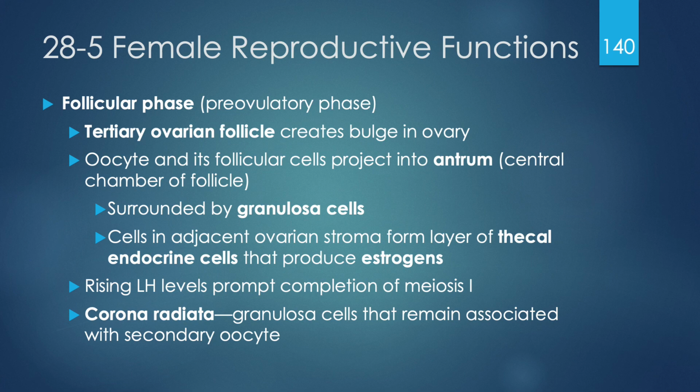These are surrounded by granulosa cells, and there are cells in the adjacent ovarian stroma that form a layer of thecal endocrine cells, and these thecal cells produce estrogens. The rising luteinizing hormone levels are going to prompt the completion of meiosis 1, and the corona radiata are granulosa cells that remain associated with a secondary oocyte.